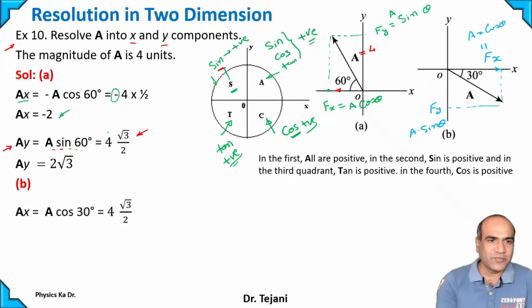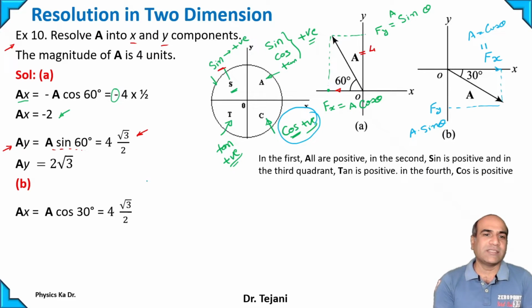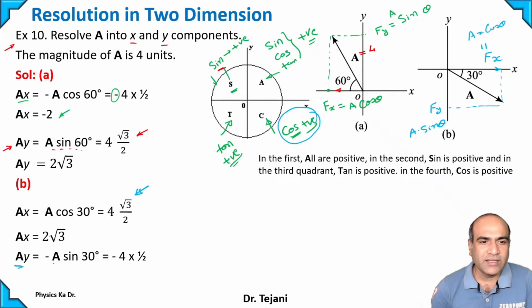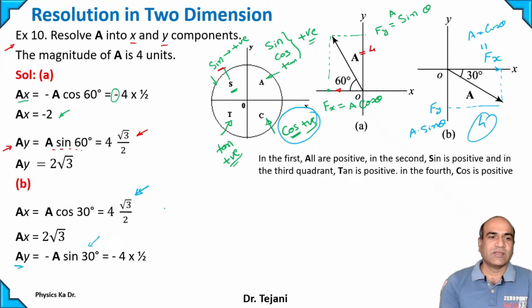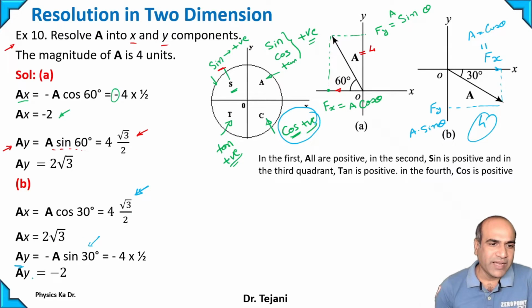In the x direction that is A cos 30, and this is the fourth quadrant, where cos is positive, therefore the answer is positive, and that becomes 2 root 3. For y, in the fourth quadrant sine is negative, so minus A sin 30, which is minus 4 times 1 half. So the y component becomes minus 2.